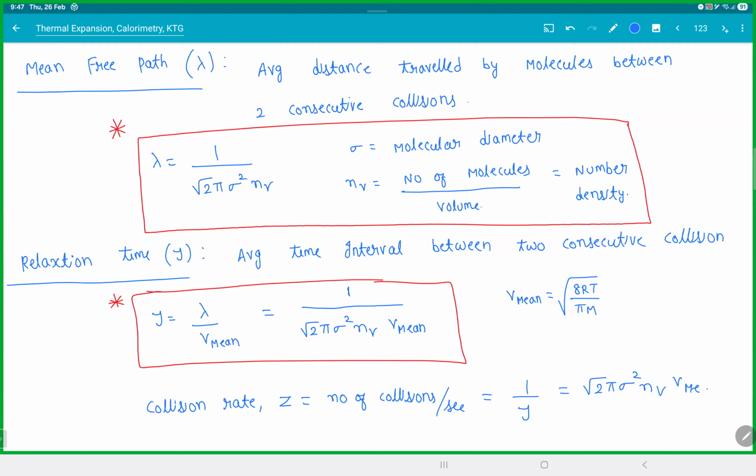You can put the formulas in the red box. You will need them. Sigma is your molecular diameter, NV is your number density, v mean is your average speed. Clear, Rita?